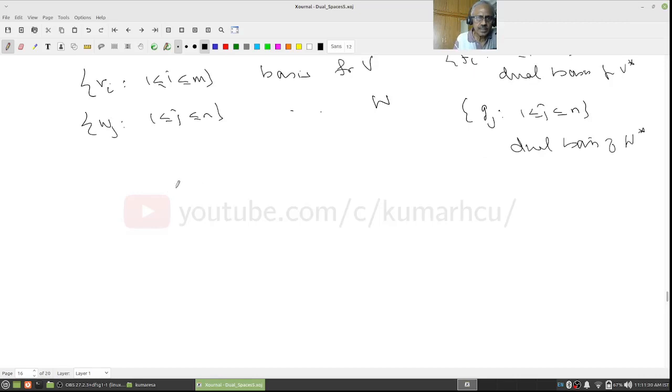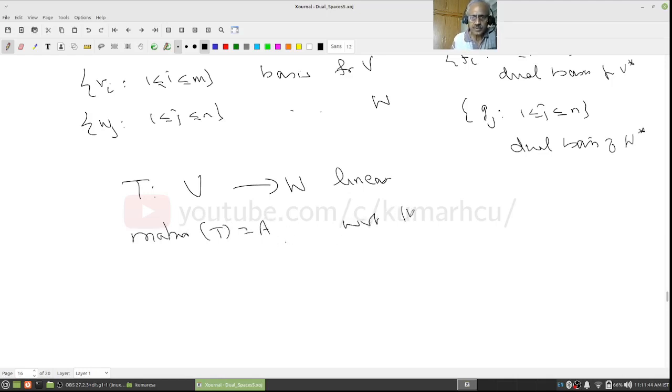Now let T from V to W be linear. Then the matrix of T, call it A, with respect to the given basis.